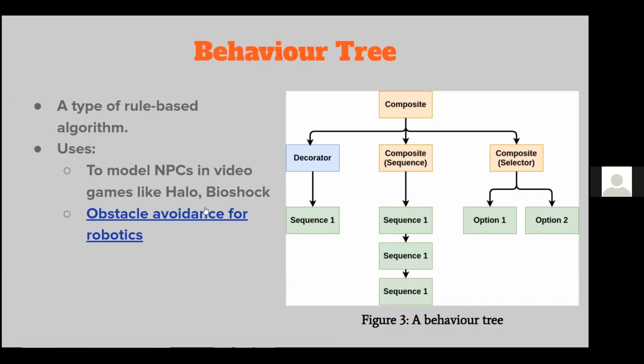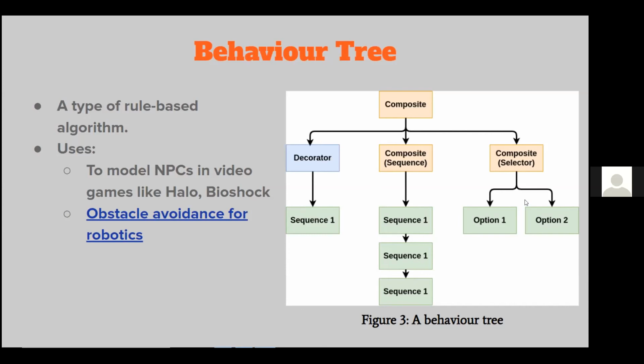In fact, I've linked a master's thesis from my colleague, and he basically built a robot from scratch, and he used a behavior tree to do simple obstacle avoidance. You can check that out, and you can see that these are very human driven in the sense that you can make up your own rules, and if it works, it works. That's really great.